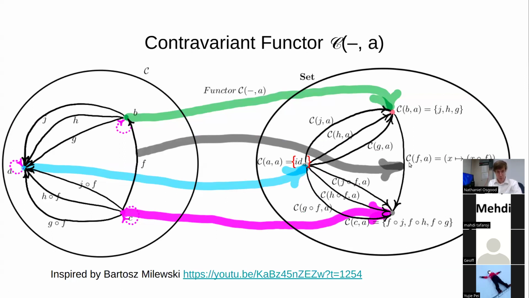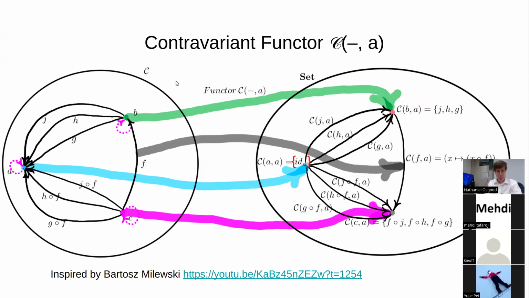So A gets mapped to the only way of getting from A to A, which is the identity. B is mapped to the ways of getting from B to A. What are they? They're J, H, G. You can go this way, or this way over here.